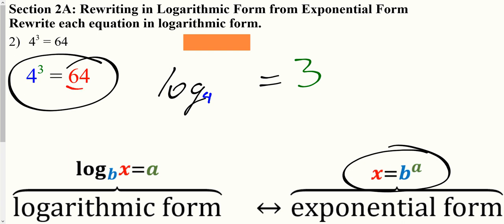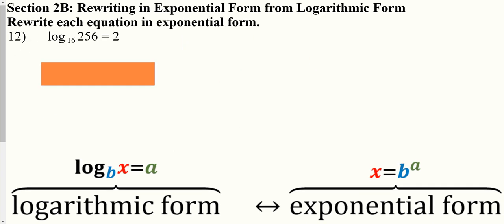What was on this one side all by itself is what goes after your log. So we'd say log base 4 of 64 is equal to 3. That's just using the definition of a logarithm going from the exponential form to log form.